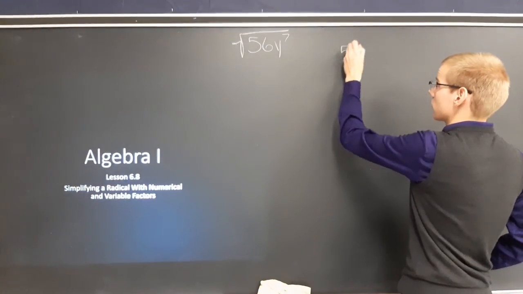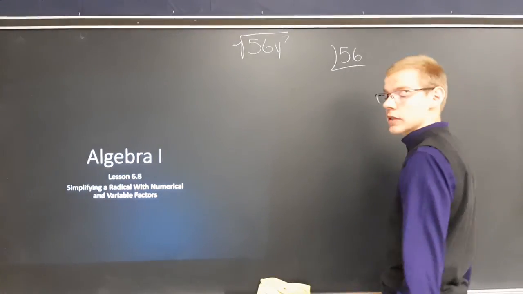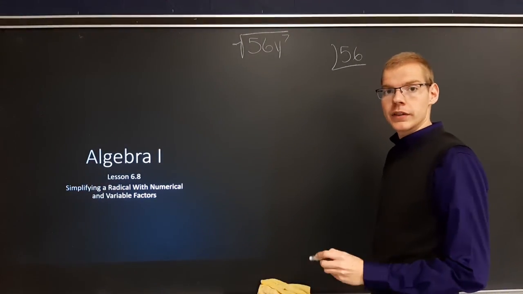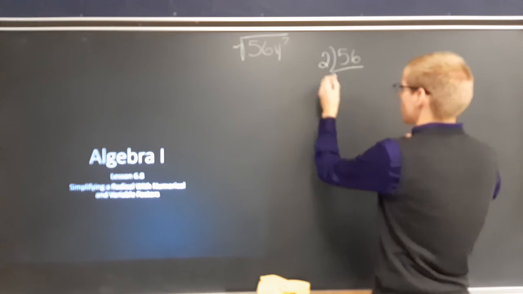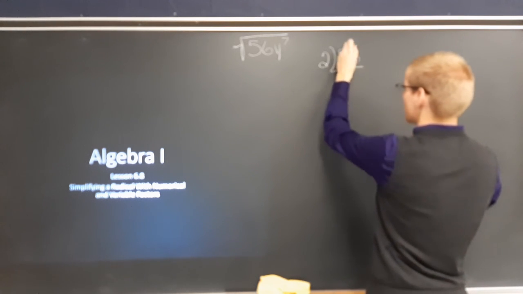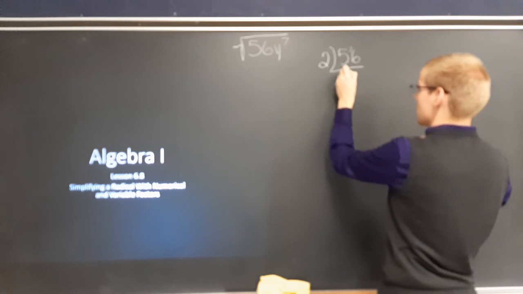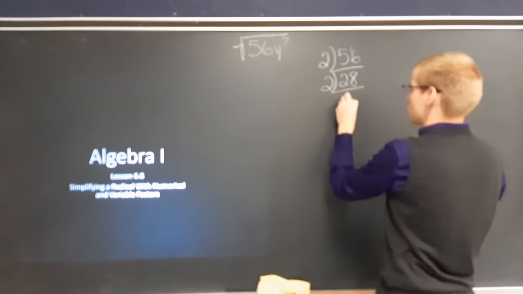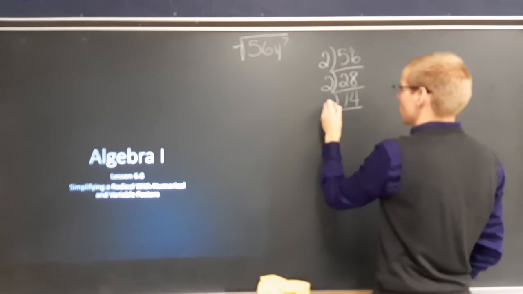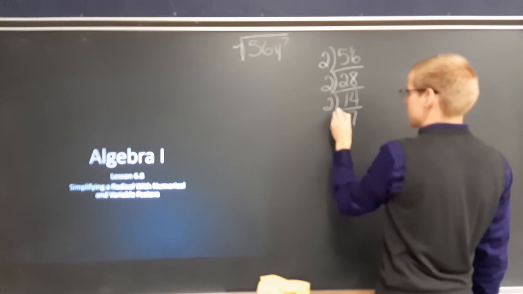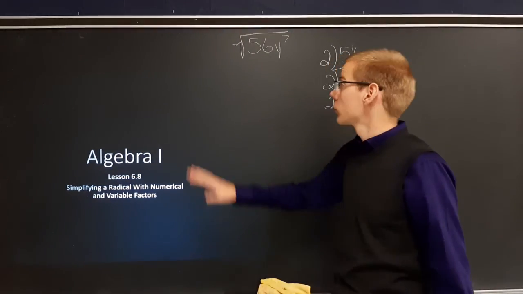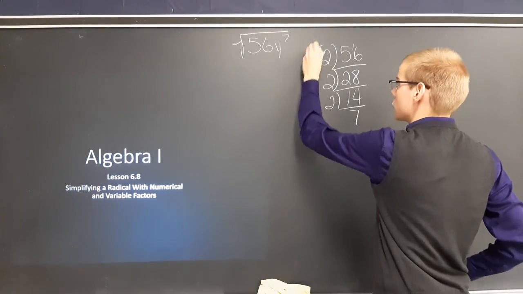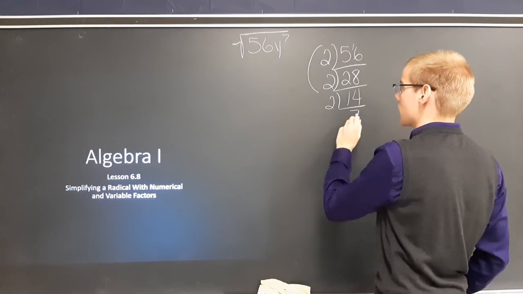Take 56 and do upside down division. What number goes into 56? Well, 2 goes in twice here, and we have 1 left over. 2 goes into 16 8 times. Again, 2, 14, 2, 7. So for a square root, there's 2 of these, and then these 2 are separate.